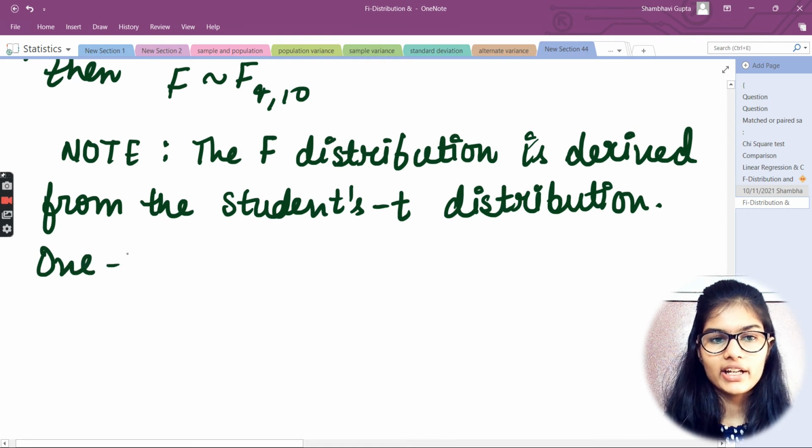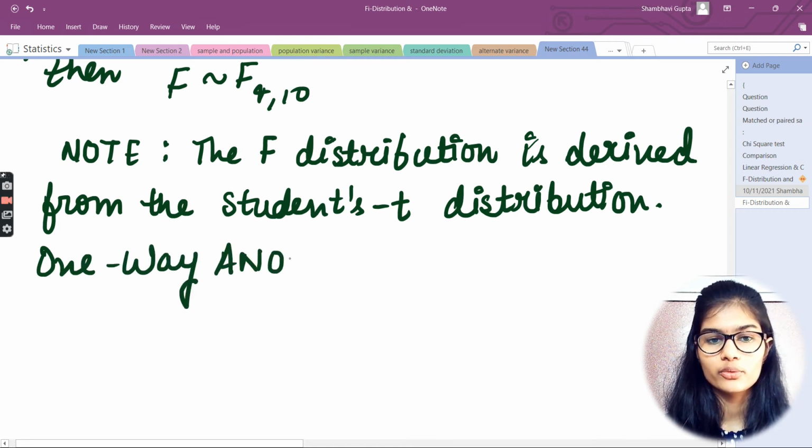Next we have one-way ANOVA. Okay, that's ANOVA.